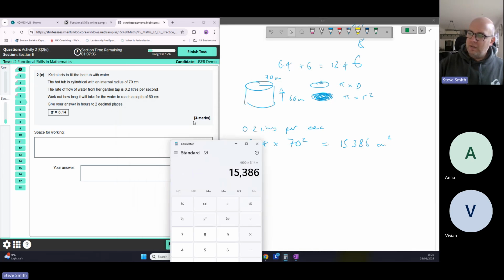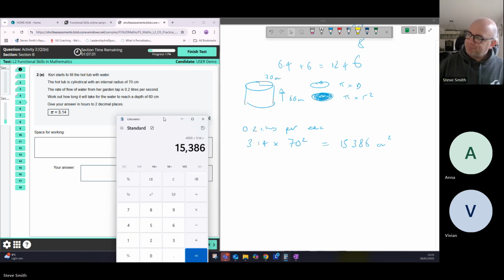Now, when we add in the depth, the third dimension, that becomes cubed, not squared. So we've got our area here, 15,386 times by, we want it to go to 60 centimeters, so times by 60. Oh, I just put times by 6, damn it.